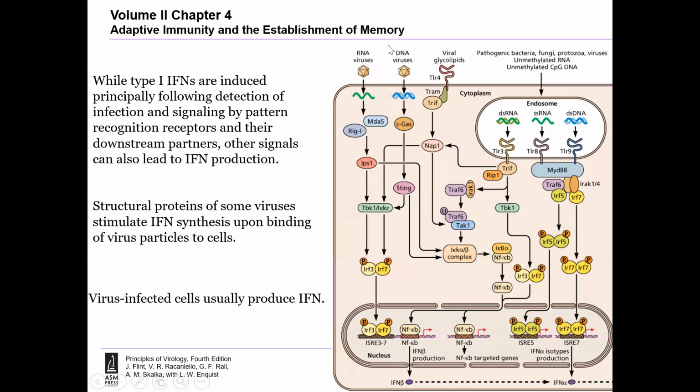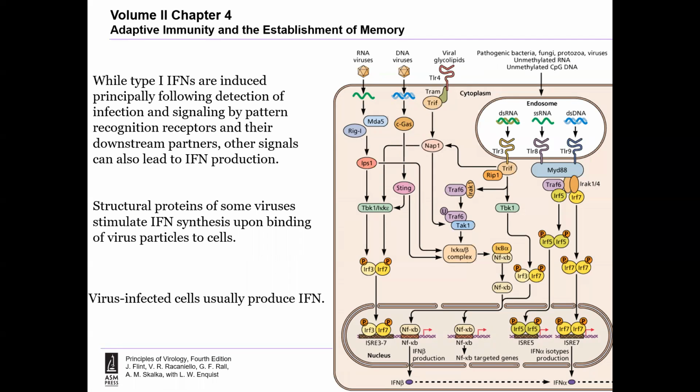Up here, you can see that the detection of RNA viruses, DNA viruses, and viral glycolipids can all lead to downstream signaling pathways, right? We've talked about RIG-I, we've talked about cGAS, we've talked about TRIF. All these things lead to the induction of interferon production.